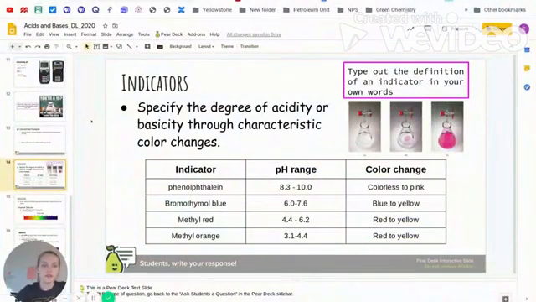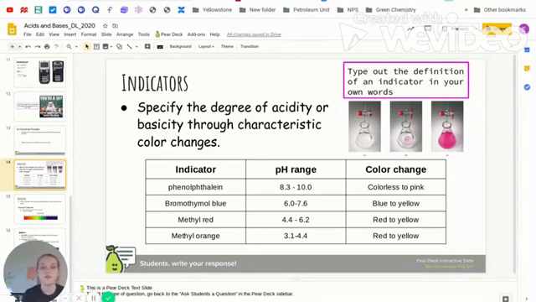Next up, we have indicators and buffers. We'll start with indicators. These specify the degree of acidity or basicity through characteristic color changes, basically telling you how acidic or basic something is. Phenolphthalein indicates a pH range of 8.3 to 10, changing from colorless to pink. Bromothymol blue has a range of 6 to 7.6, going from blue to yellow.